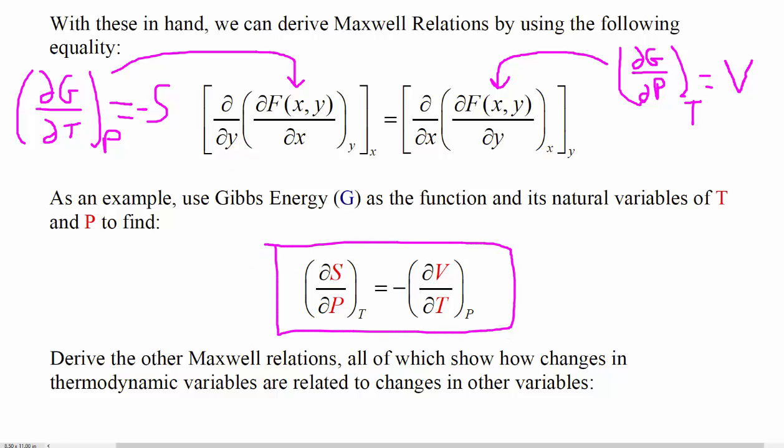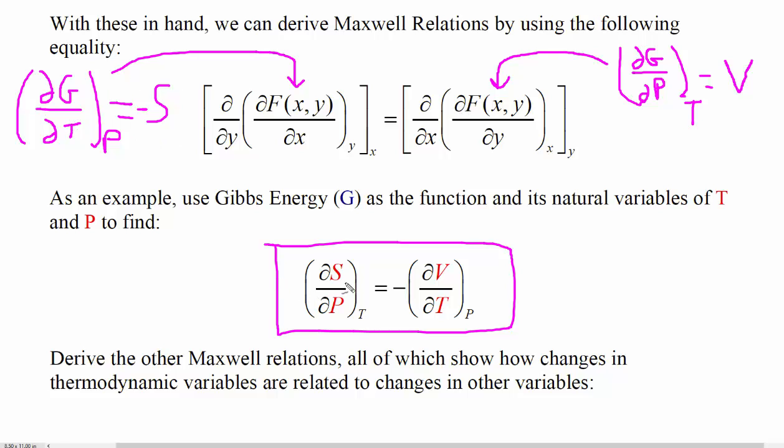So can you follow the logic there? Literally, we're just making the substitutions into this formula where X is T and Y is P, and the function itself, F, is G.